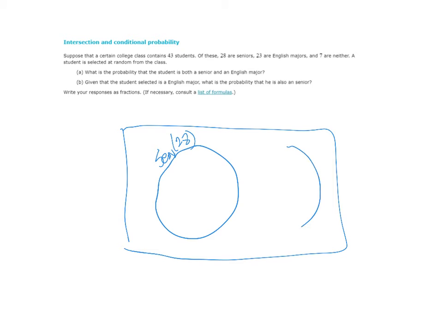There are English majors, and there are 23 of those. And then I got 7 folks out here that are neither an English major or a senior.